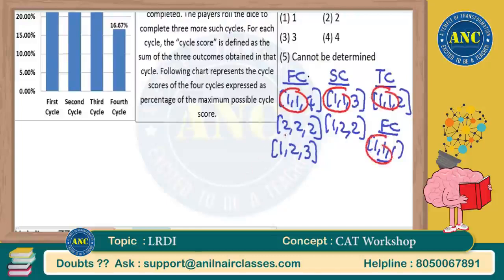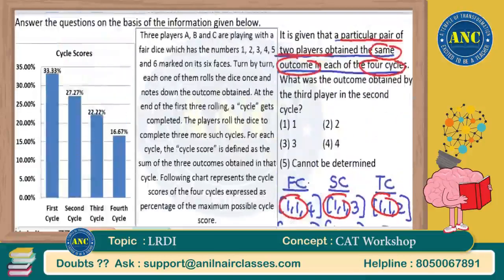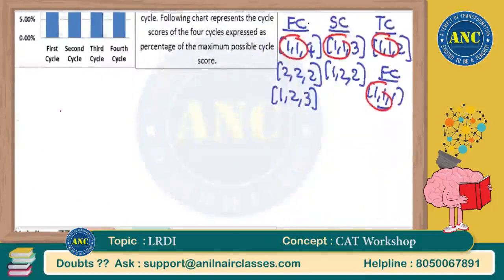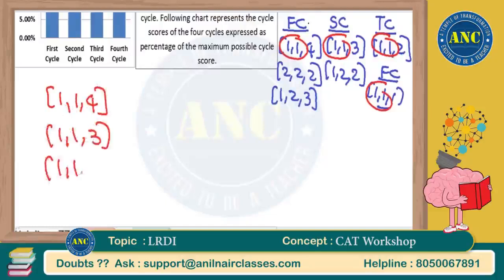You might say, Anil sir, I will take 2 in the first cycle, 2 in the second cycle, but in the third cycle 2 is not possible. So, two players obtained the same outcome in all the 4 cycles. So it will be 114, next is 113, next is 112, and next is 111.